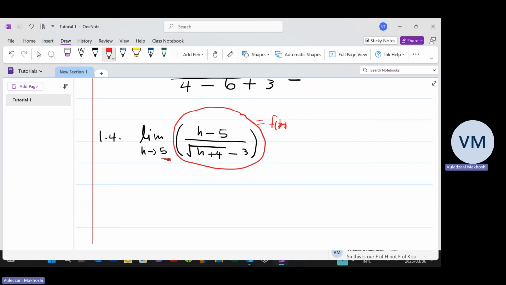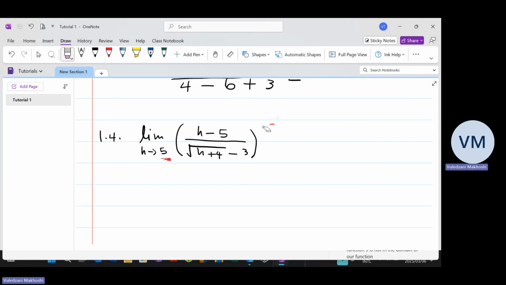So when we substitute 5 where there is h, do we get something which makes sense? You will realize that when we put 5 here, this will be 9. Square root of 9 is 3. 3 minus 3 is 0. We are forced to divide by 0, and also in the numerator we've got 0. So 5 is not in the domain of our function.